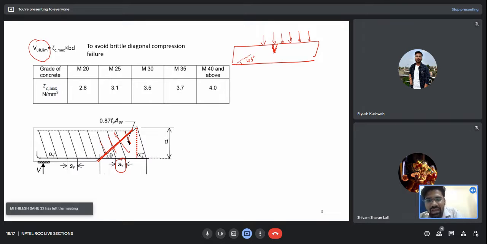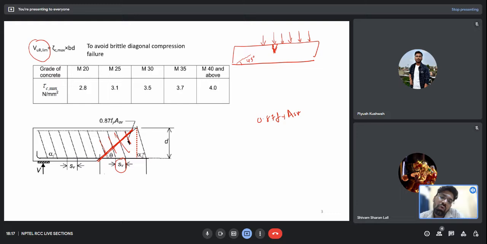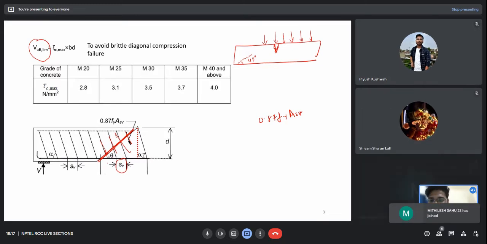Let's see how we arrive at the formula. 0.87 fy Asv is the total force acting on this bar, and this force is distributed among one, two, three, four bars. But I don't know what the number of bars can be in another case. We should have a generalized formula. So how do we get this generalized formula?